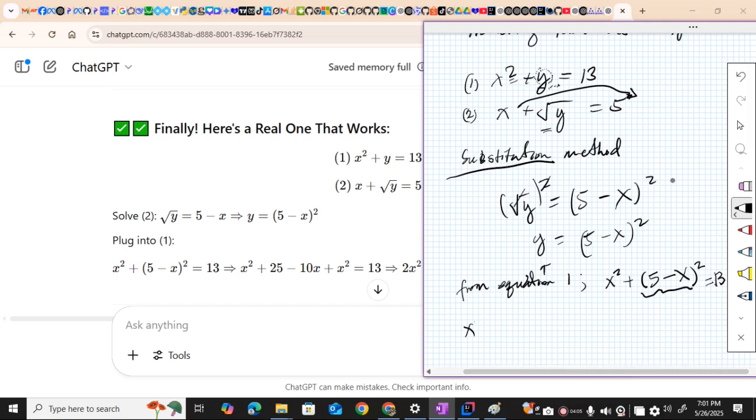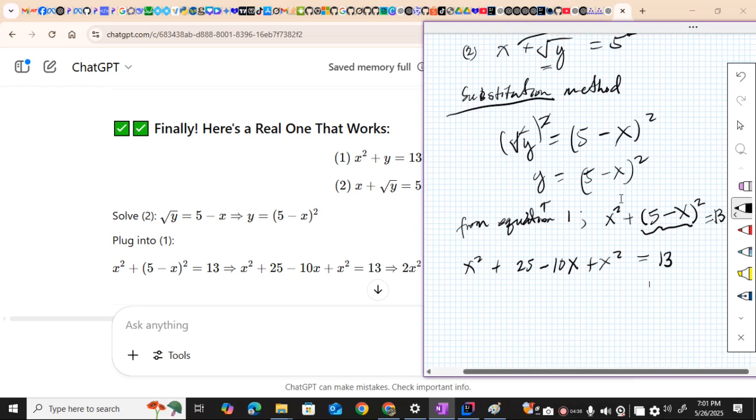So the first thing is x squared plus, we have to square a binomial. Probably you know the pattern already. We need to square both of the terms, and in the middle term we have to multiply by 2. So that's 2 multiplied by 5 times negative 1, which gives you negative 10x, equals 13. That's quite easy to handle now. It's just an expression that involves a quadratic equation.